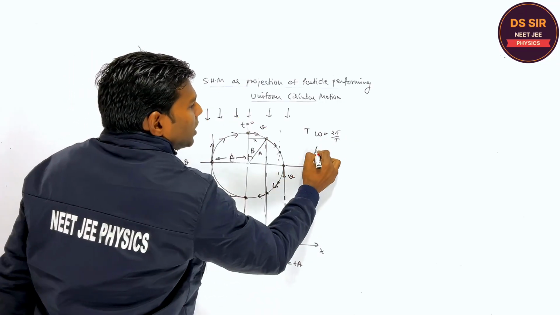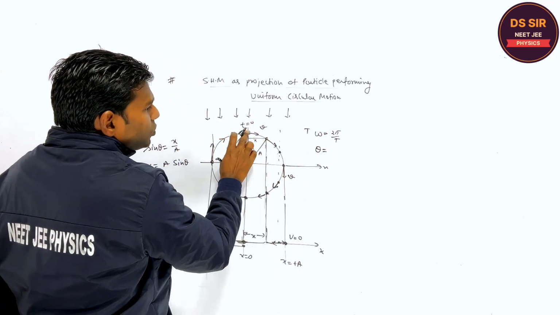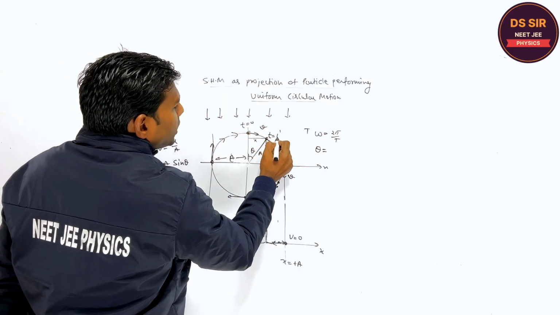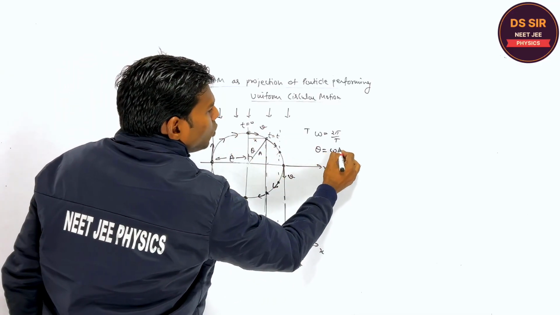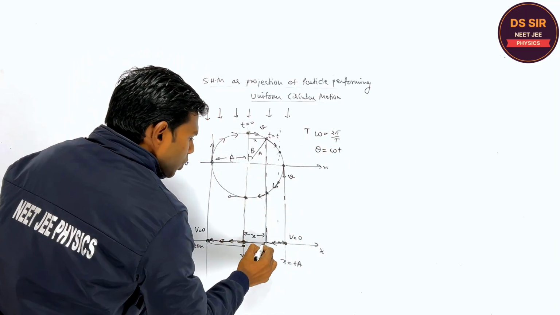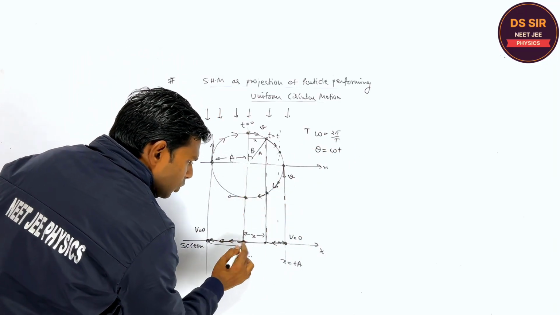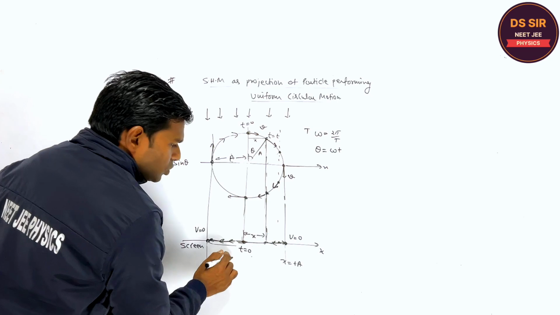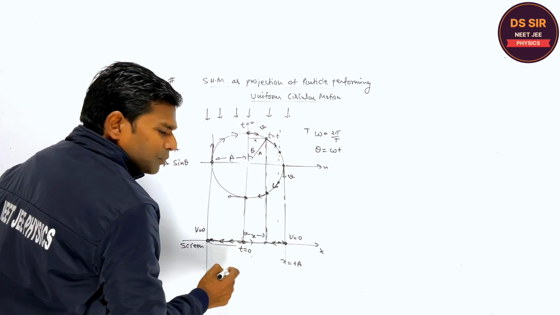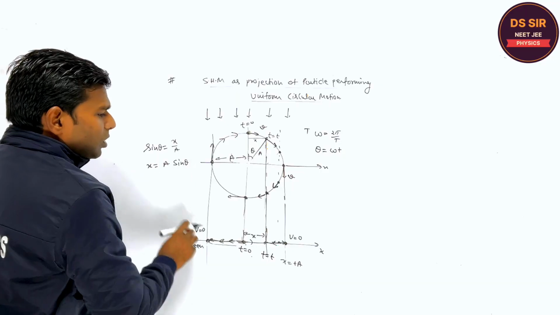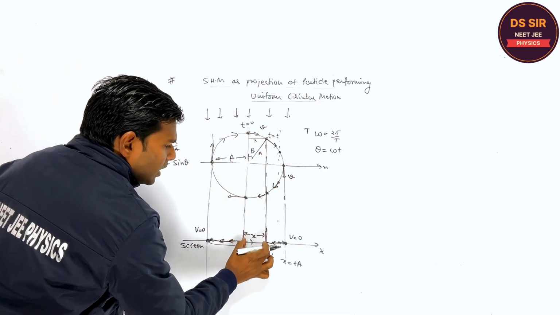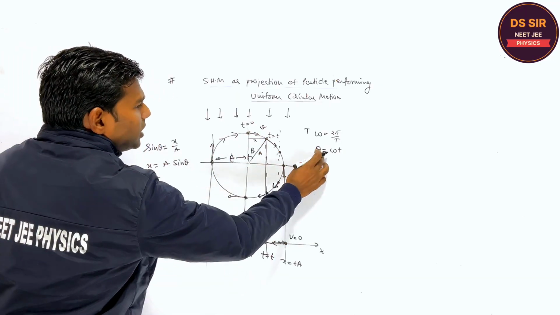And what is theta? At t is equal to 0 it starts, and at time t it reaches the point P. So theta is equal to omega t. So if its shadow starts its motion from t is equal to 0 from the mean position, at time t the displacement becomes x is equal to A sine theta. And what is theta?